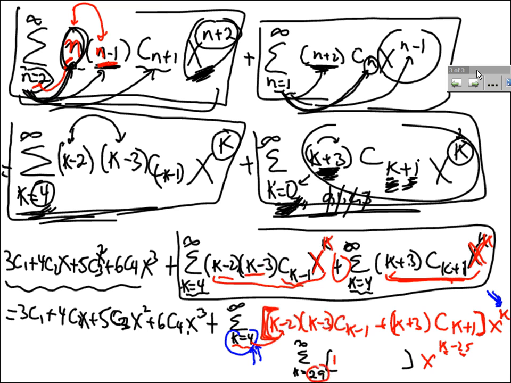So this would have to be k minus 27, only because 29 minus 27 is 2. But two different students can do everything correctly and get different answers. To be honest, I did say at the beginning we wanted to end up with the summations both having x to the k.